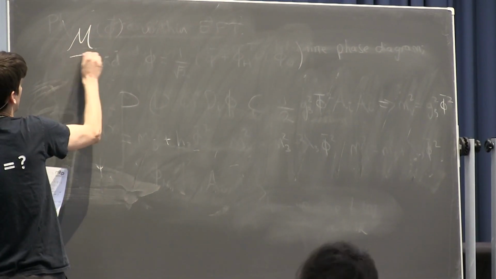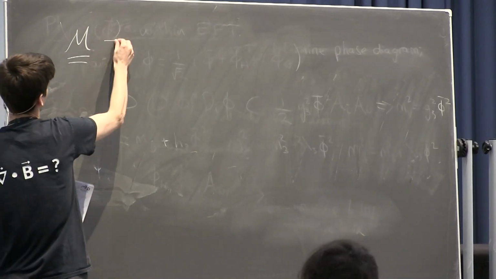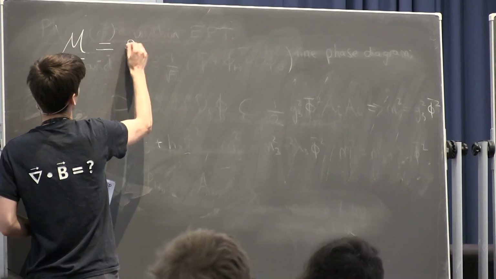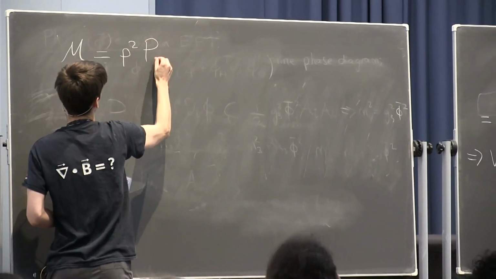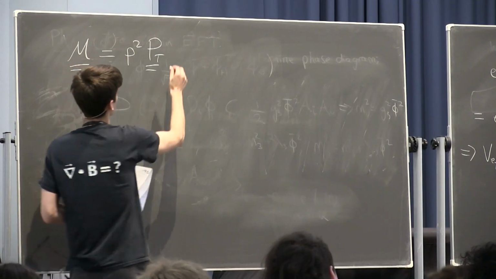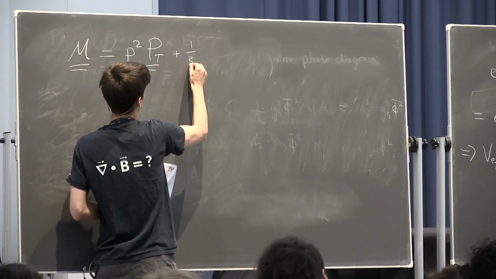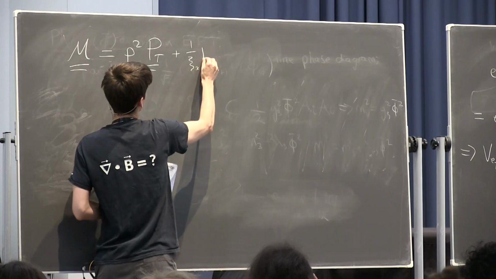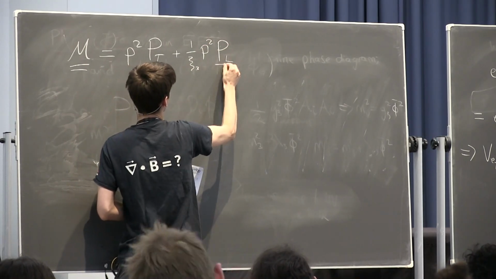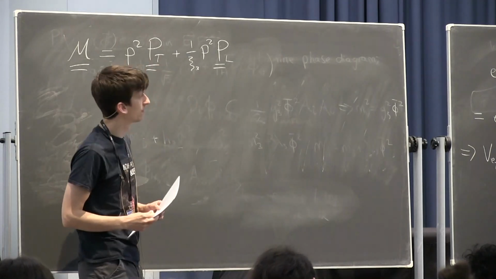So writing my M in matrix notation, the first term is just p squared times the transverse projection operator. And the second term is 1 over psi times p squared times the longitudinal projection operator.